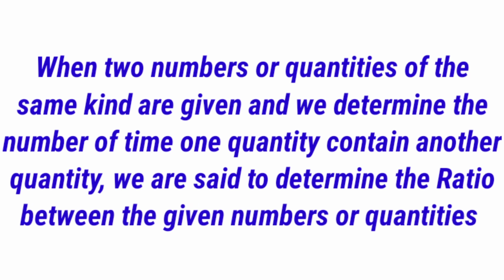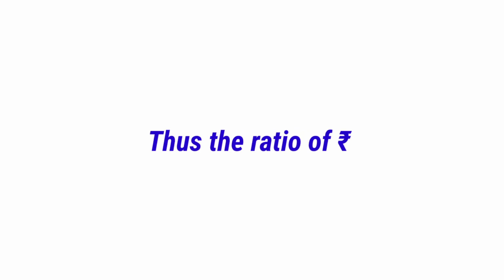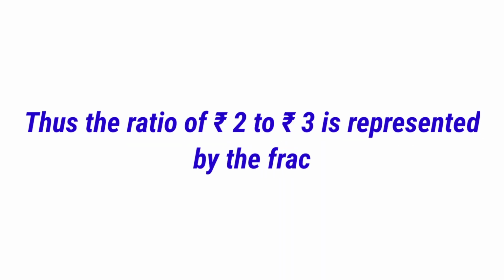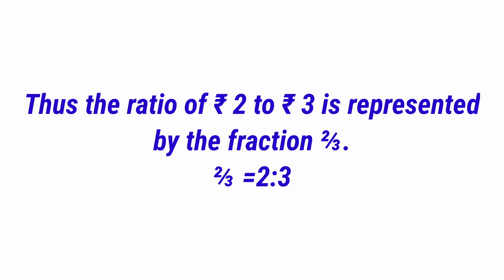Let us go with the help of an example. The ratio between rupees 2 and rupees 3. As we know, we can write it as a fraction, that is 2 by 3. So it can be written as in the ratio 2 is to 3.